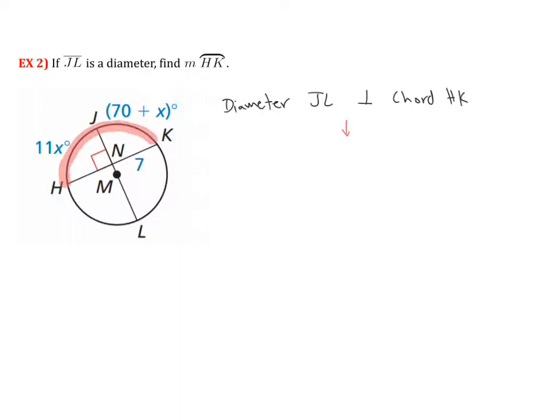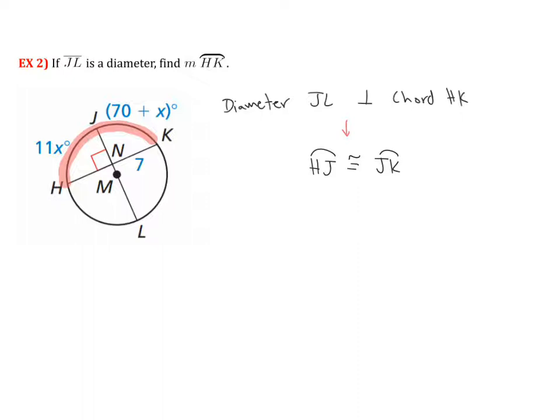Now, what are the two parts that are congruent? Those two parts are going to be arc HJ, and arc HJ will be congruent to arc JK. Because again, from that theorem, if the diameter is perpendicular to the chord, the arc gets bisected.